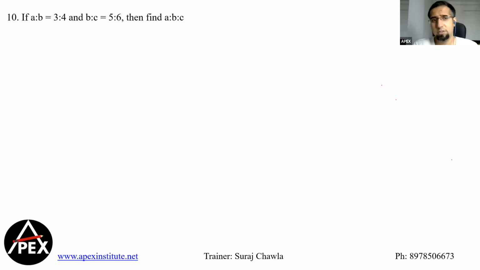Let's solve this. How do I merge two or more than two ratios?